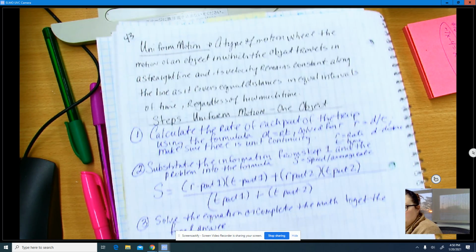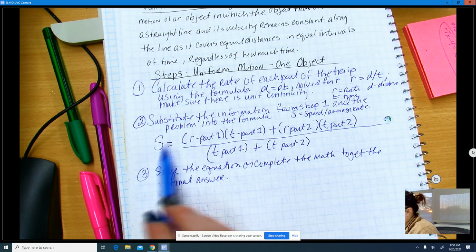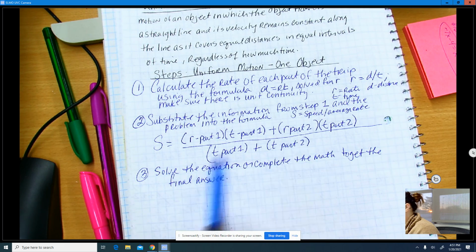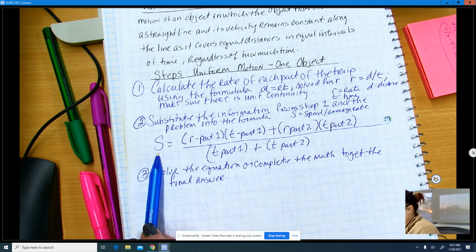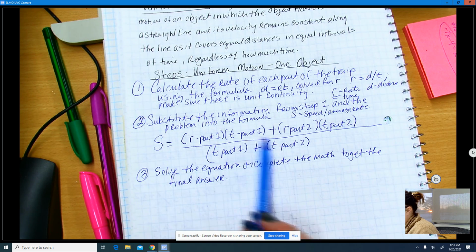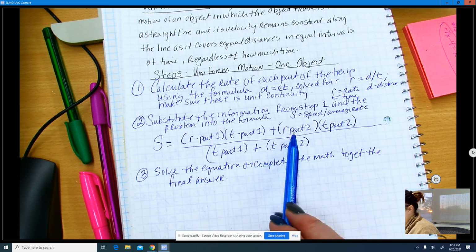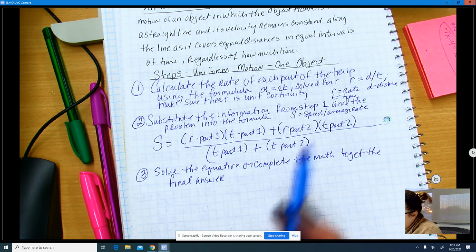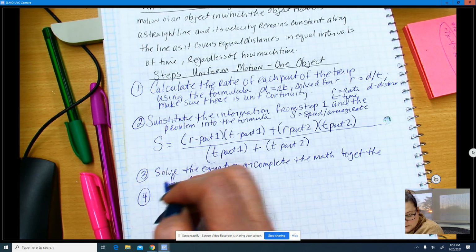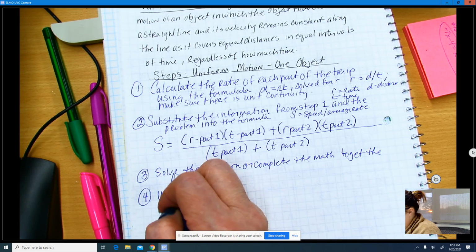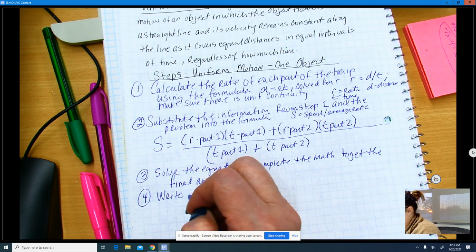So if they were asking us to find average speed, we would have all of these parts and we would put them in and just do the math, and we're going to come up with S. But maybe we know S and we know some of these pieces, but there's one piece that we don't know. We would have to solve for that. So that would be more like an equation. And the last piece is write your solution sentence with context.